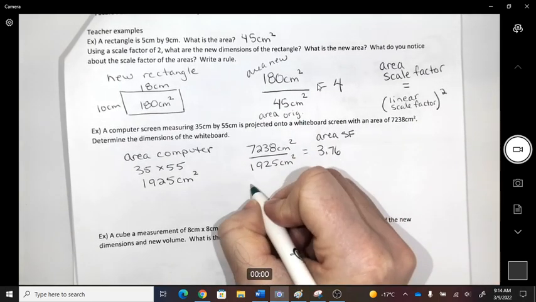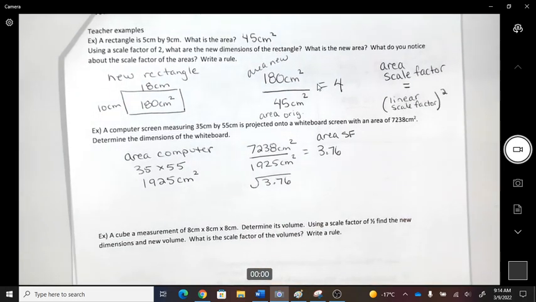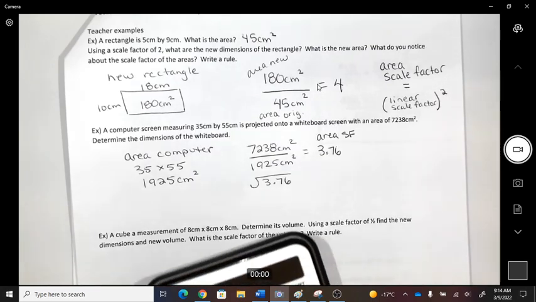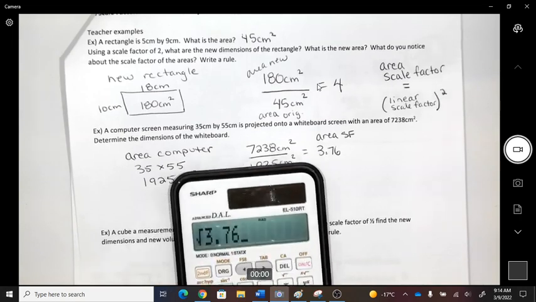So now here's the next step. I'm going to square root that because that's how the area changed, but I want to know how the sides change. So that conversion is a square root. So that button is just on your calculator, not the other one.